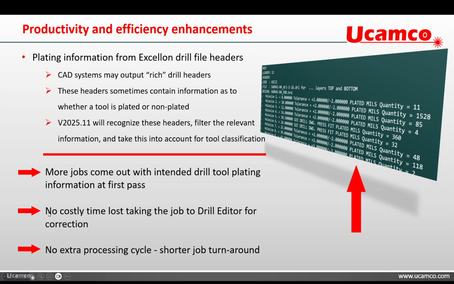Again, the bottom line is the same thing. If you have this information right the first time, then basically the job runs through one time from A to Z, and the information is there and it is correct. So you don't have to go to an editor to change a plating characteristic or something else for tools, and then have a partial rerun, which again reduces the number of reprocessing cycles and produces a shorter job turnaround.